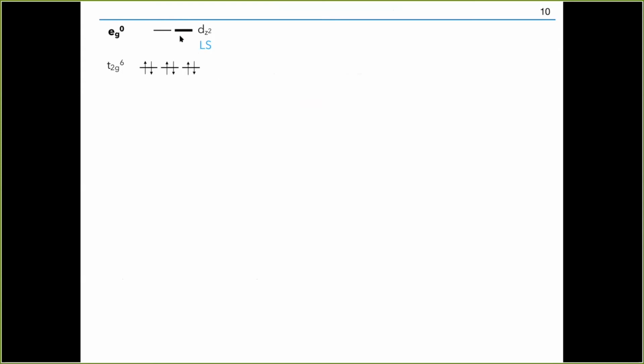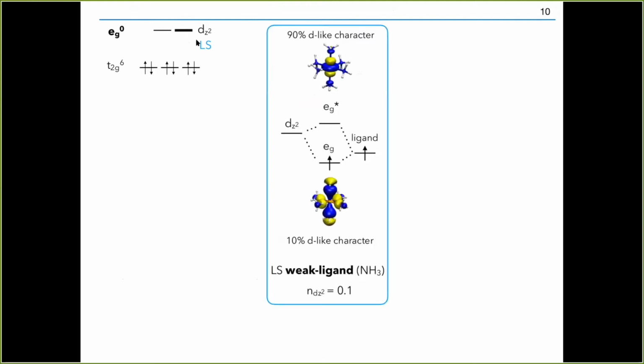That, of course, in an atomic-like picture would lead to an occupation matrix element equal to 0. Well, when we pass to a molecular orbital picture, we can see that, as expected from the theory, the 3d electrons and the ligand electrons mixed together give rise to an antibonding unoccupied eg star state and a bonding occupied eg state.